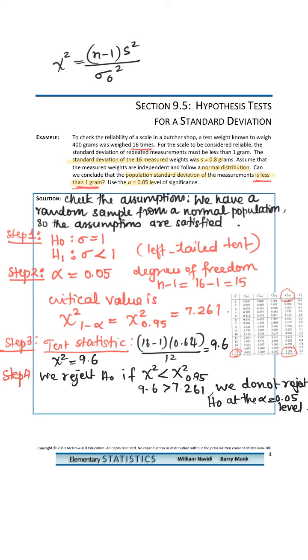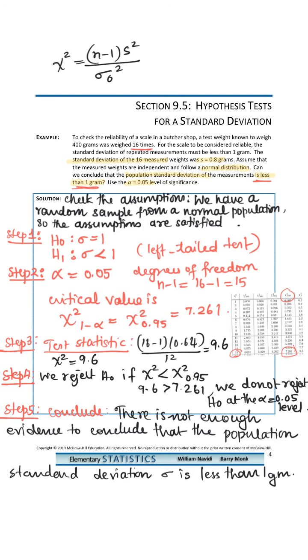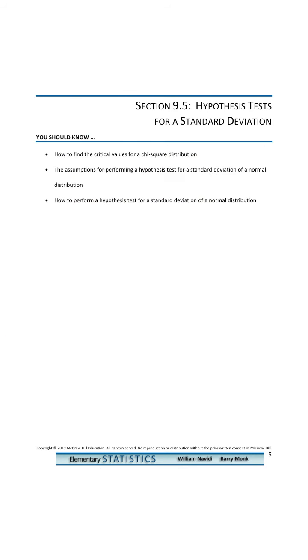Step 4 was whether to reject the null hypothesis or not. Now step 5, we are going to conclude. We can conclude that there is not enough evidence to say that the population standard deviation is less than 1 gram. We cannot consider the scale to be reliable.